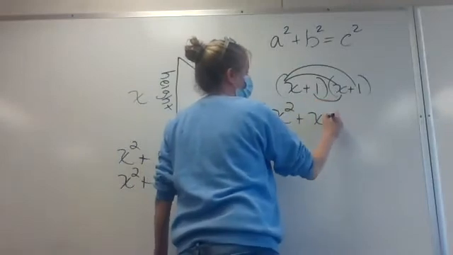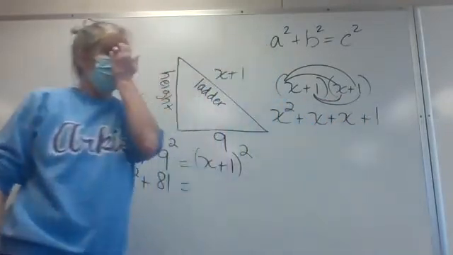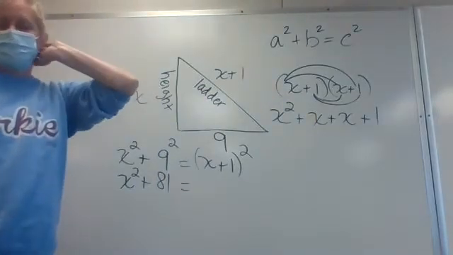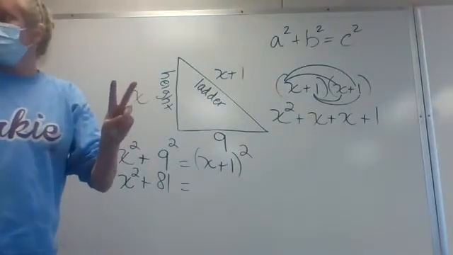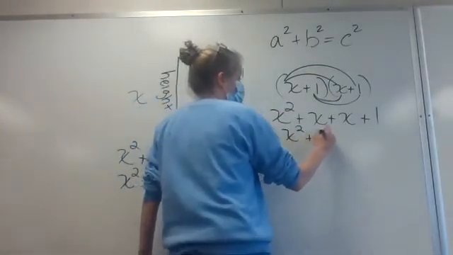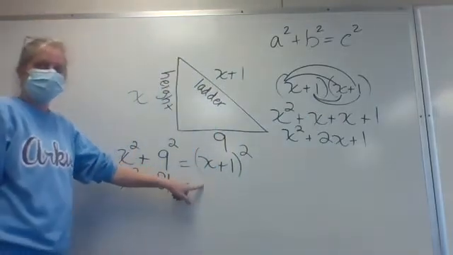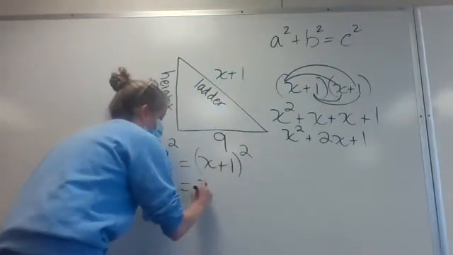And my last 1 times 1 is 1. How many x's do you really have? You've got 2, right? You've got 1 here and 1 here. So you've got x squared plus 2x plus 1, which goes right here under the x plus 1 squared.